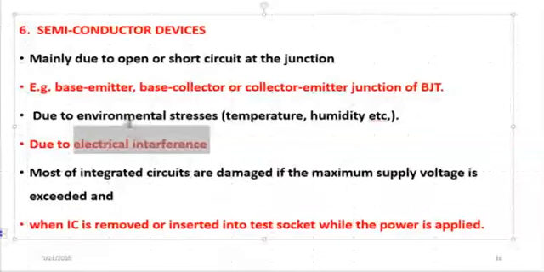So electrical interference does bring about failure in semiconductor devices. But one thing we should note is that most of the integrated circuits are damaged when the maximum supply voltage is exceeded. Supposing you have an IC that is supposed to be used with 12 volts, instead you use 18 volts or 24 volts, you can damage it.